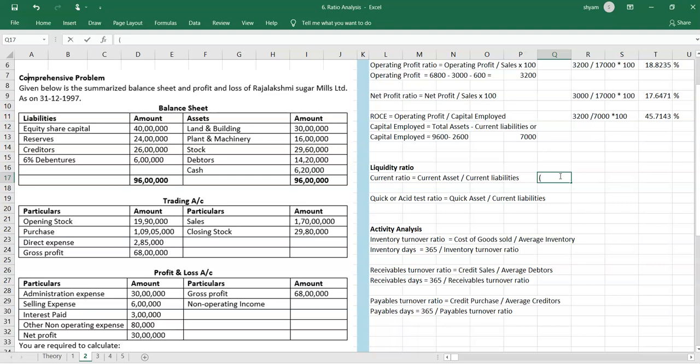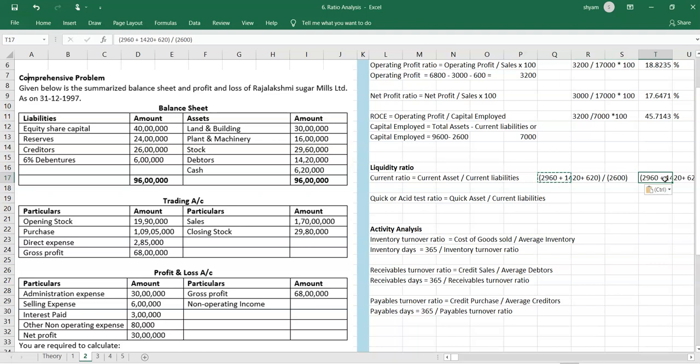Current assets here seem to be the stock, debtors, and cash divided by creditors.